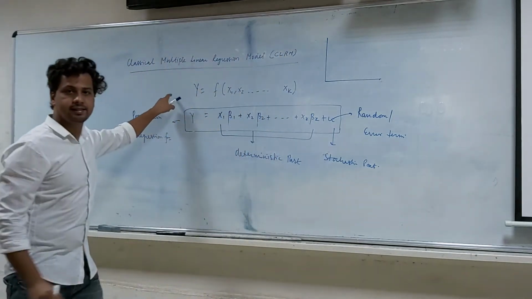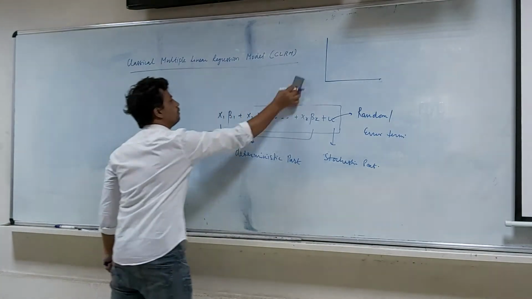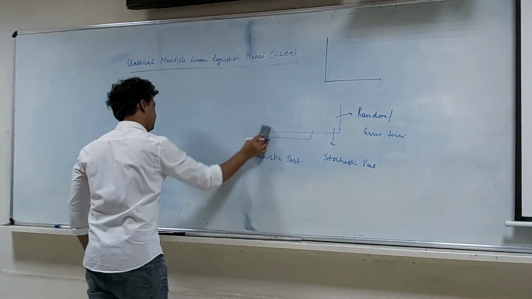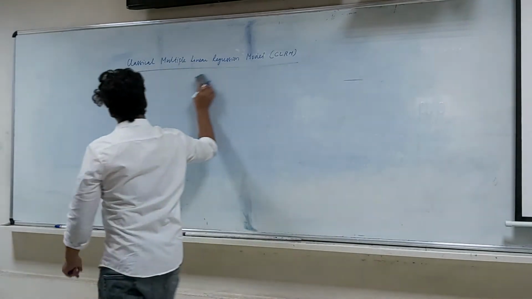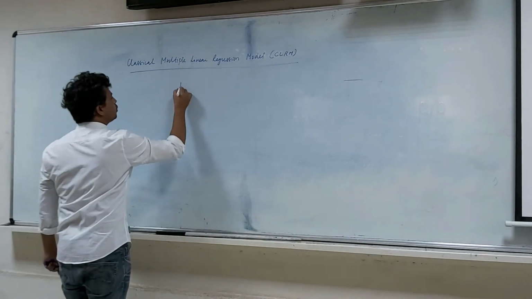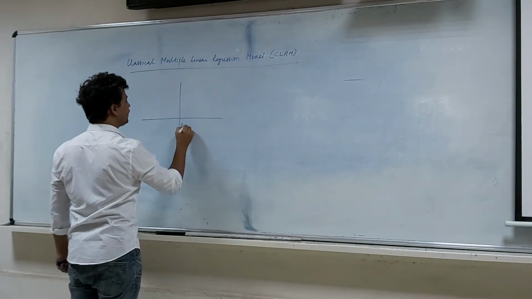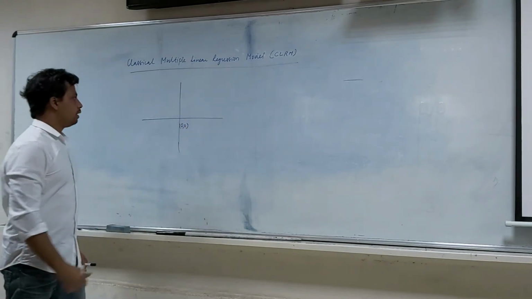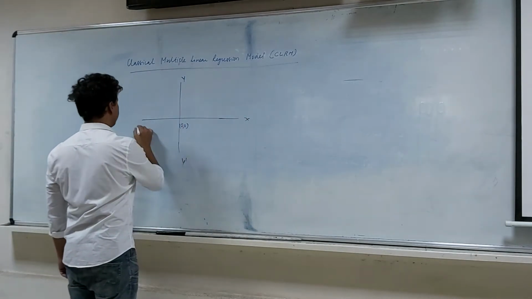I'll erase this part. So a linear combination can be thought of like this. So suppose this is my origin 0, 0, right? This is my x, this is my y, y dash, x dash.